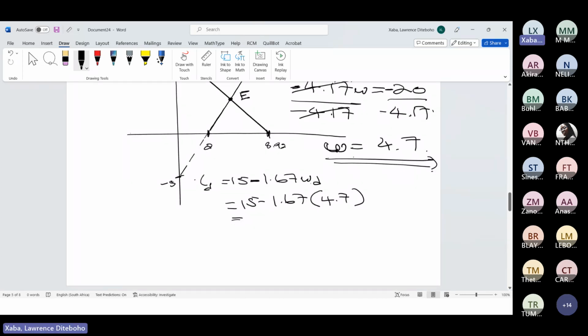Then we simplify what we have. 15 minus 1.67 W. We have 7.8, let's say 5.